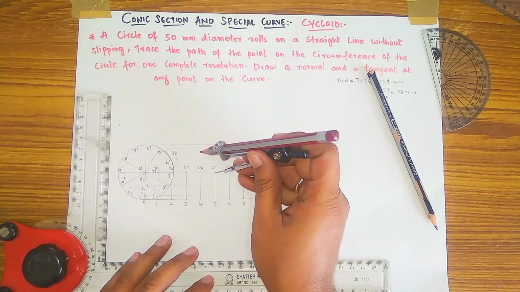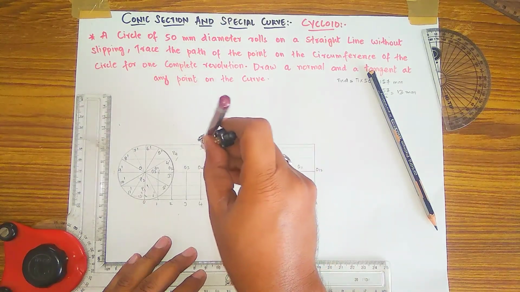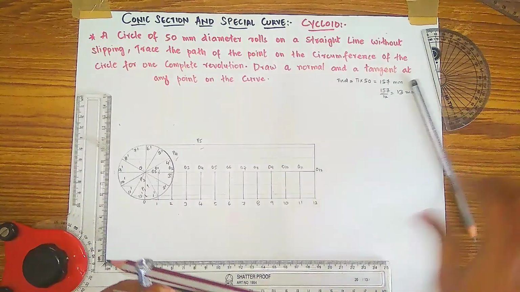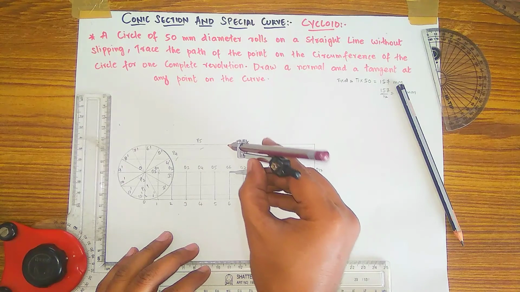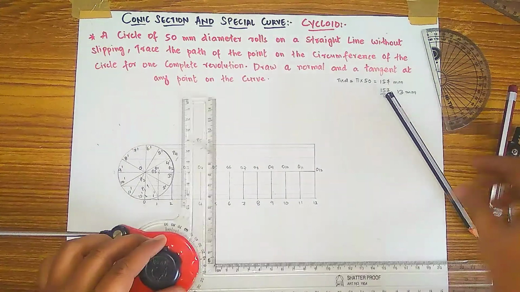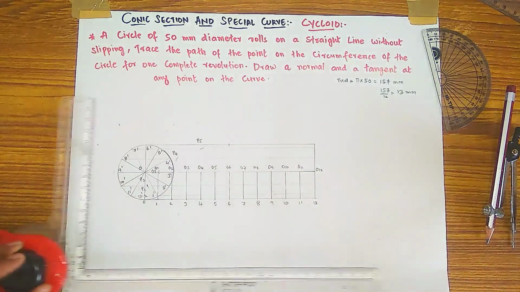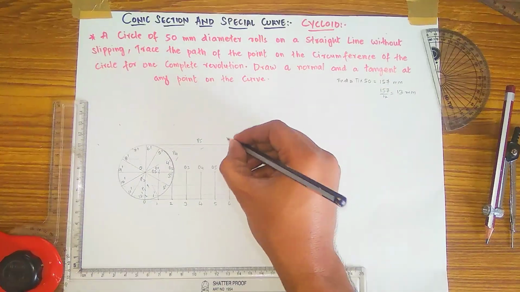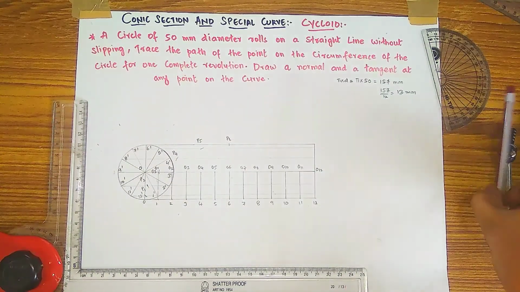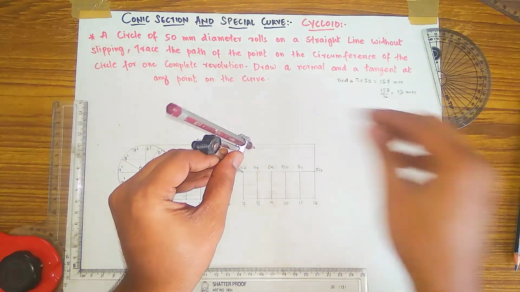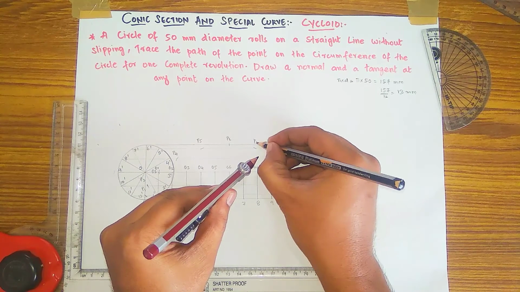Then from 5, this will be P5. And for 6 you will have it on the middle of this line. So with this scale you will have here, that will be P6. Then from the 7 line, this point will be P7.